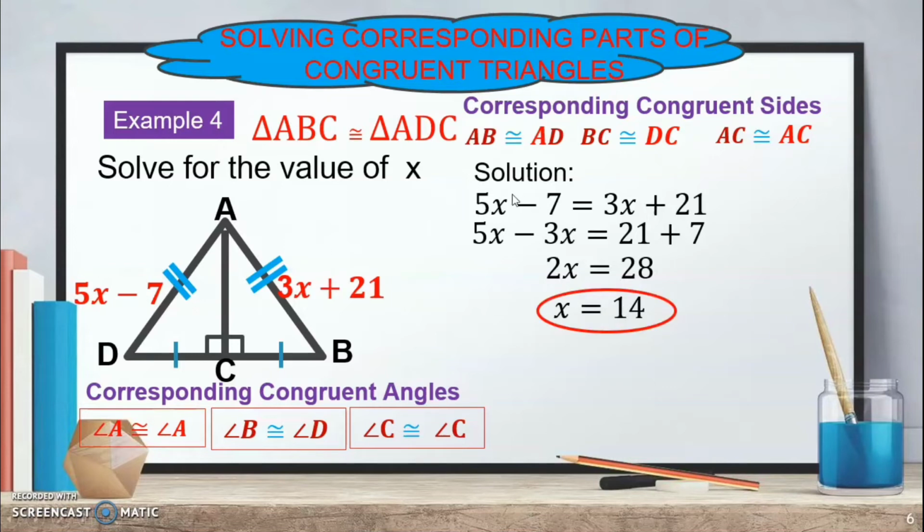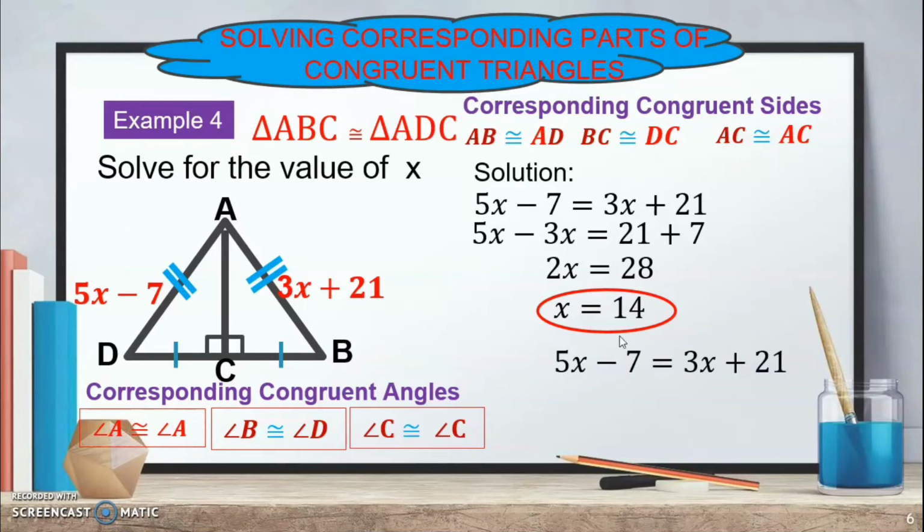So, check natin kung tama yung sagot natin ng value ng x. Kasi ang sabi dito, congruent si AB at saka si AD. So, pag nag-equal sila, ibig sabihin tama yung value ng x natin. So, i-substitute lang natin sa ating equation ang value ng x.